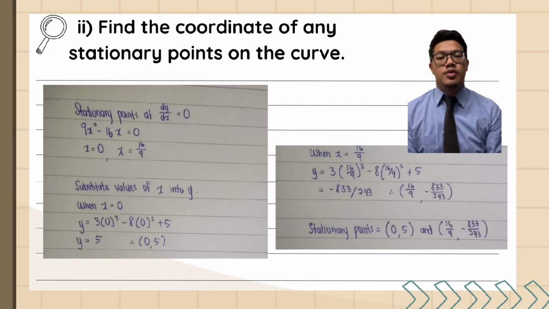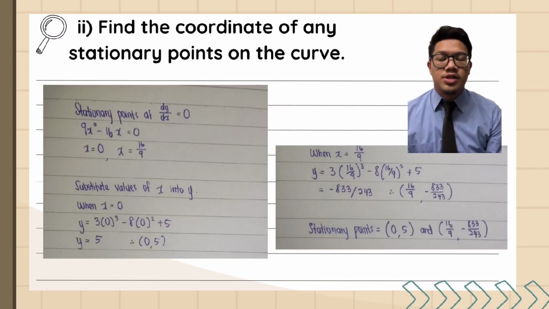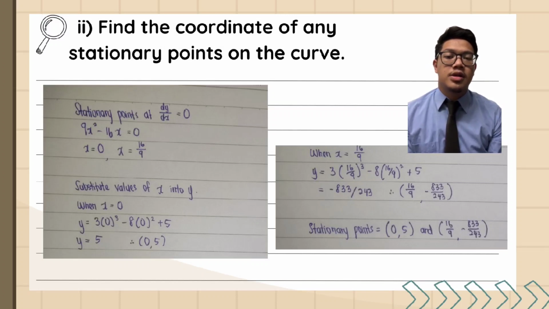After that, we need to substitute the value of x into the y equation. Since we have the value of x, we also have the coordinates of stationary point. The first coordinate is 0 and 5. The second coordinate is 16 over 9 and negative 833 over 243.